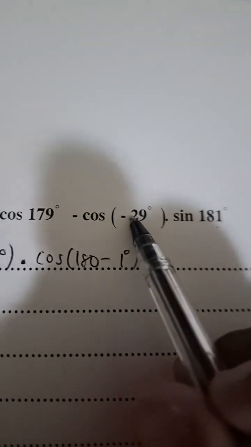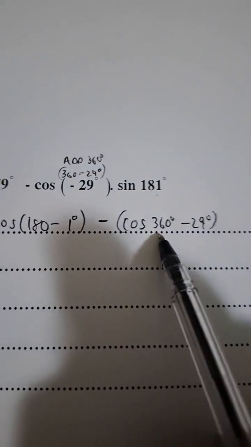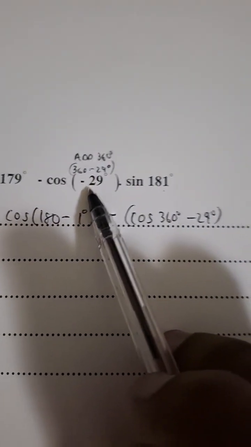Go to the minus. Then we need to reduce the negative angle here. Remember, when we have negative angles, what do we do? We add 360 degrees. So this is like us having 360 minus 29 degrees. Cos of 360 minus 29 degrees. We added 360 to the negative 29 degrees.